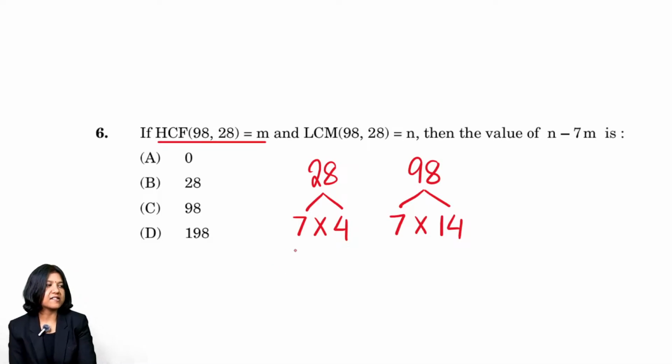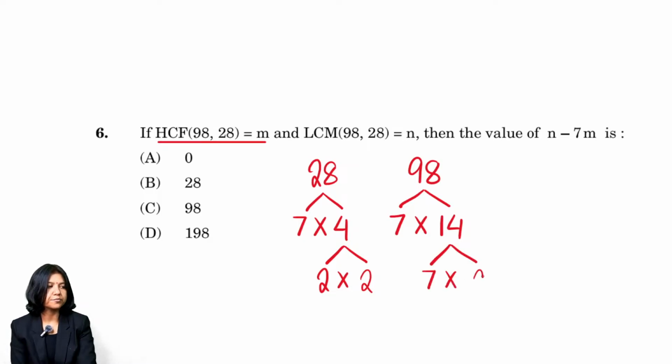So what's the HCF? The common factor here. Note that 4 is something I can factorize further, because finding the HCF relies on finding the prime factors. 4 can be prime factorized to 2 times 2, while 14 can be represented as 7 times 2.